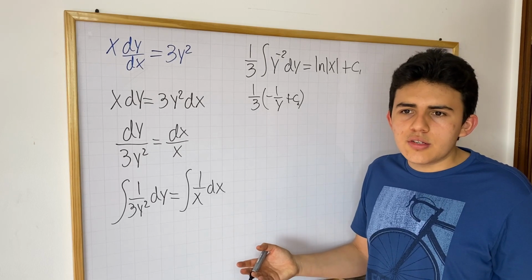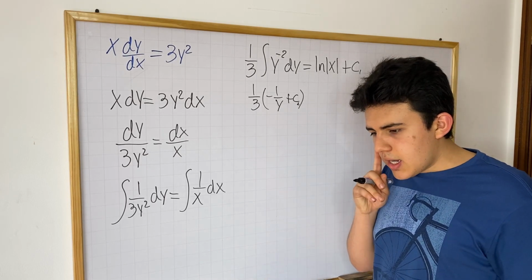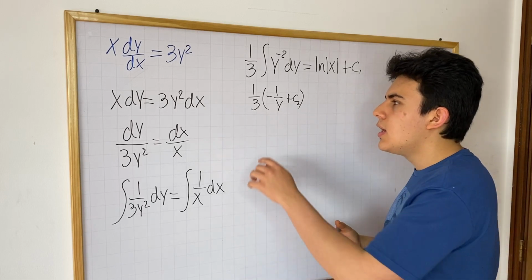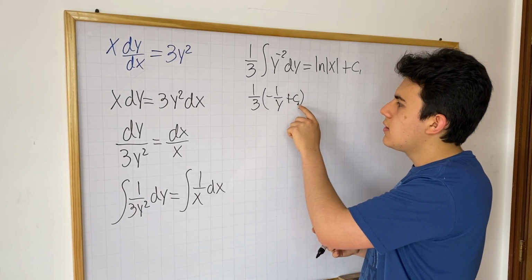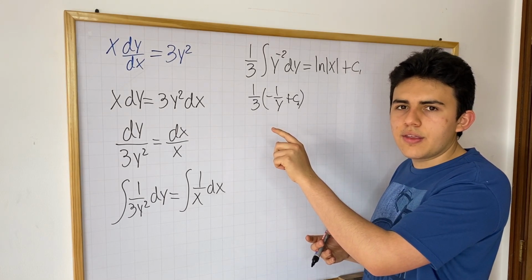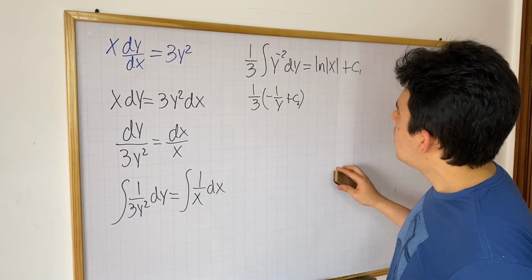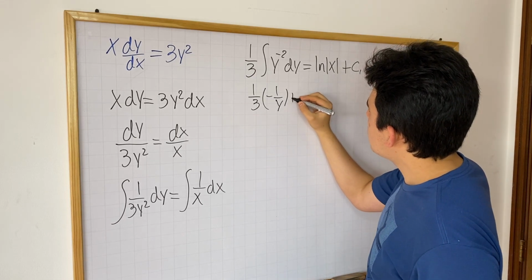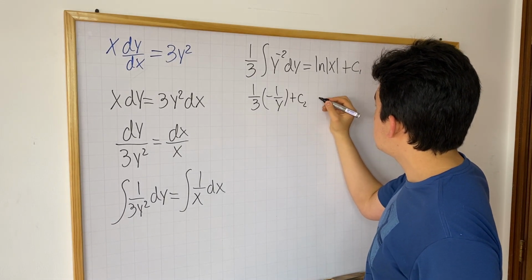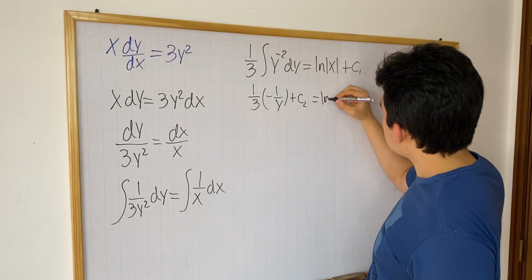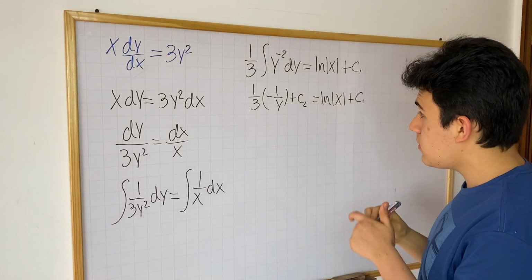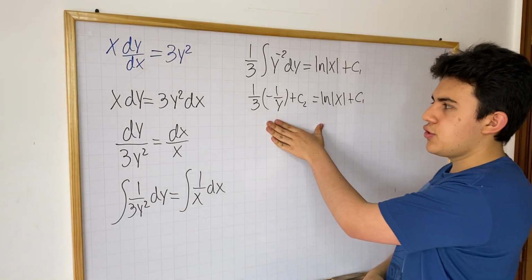So it's pretty much irrelevant, or I would say it doesn't have any mathematical effect or consequence, if you write c inside the parentheses or not, okay? I think that's how I should phrase that. So, just for convention, I'm not going to write it inside the parentheses. So this is going to be plus c2, and this is going to be ln absolute value of x plus c1, okay? So this is the expression that we now have.